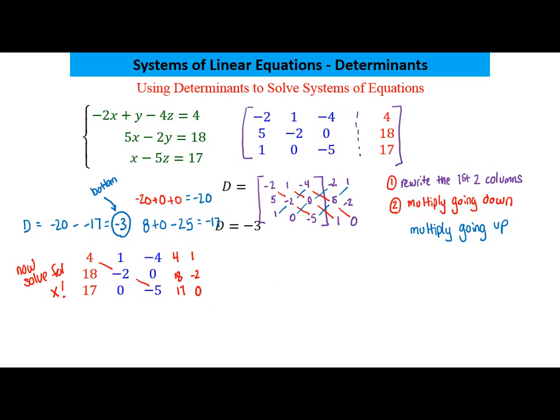Positive 40. I'm going to write it as dx because we're finding the determinant of x. Positive 40, just kidding. Positive 40.